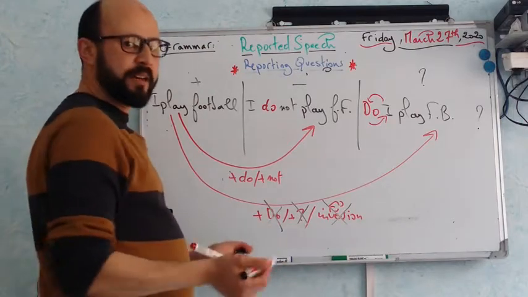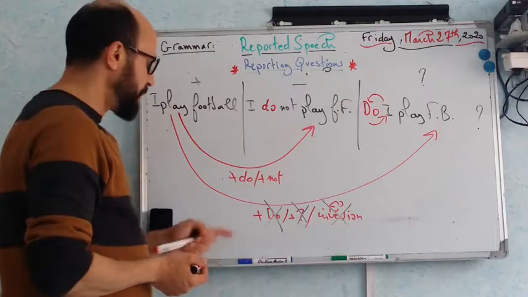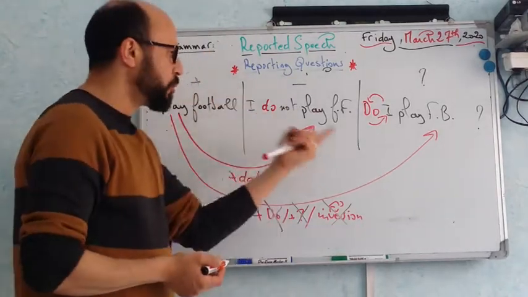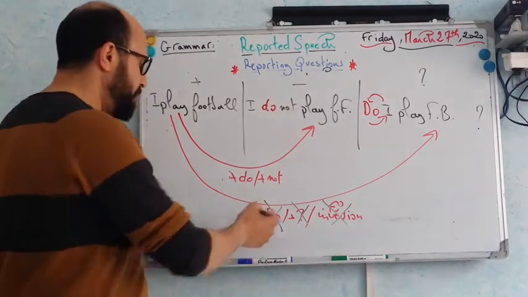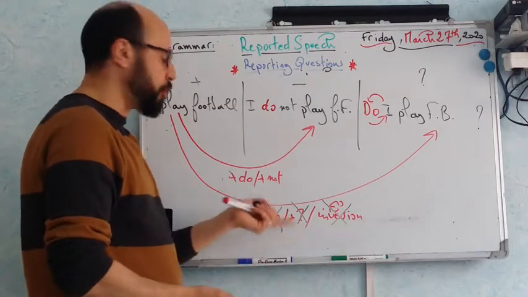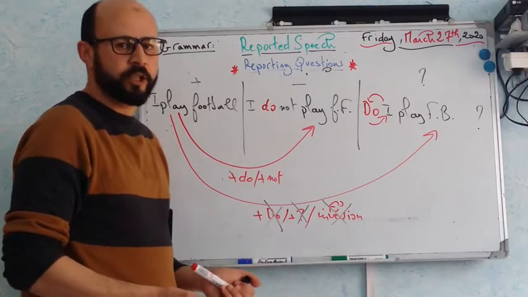This is what we have just seen in the example a few seconds earlier. So I need to pay attention to the form of the sentence when I report a question.